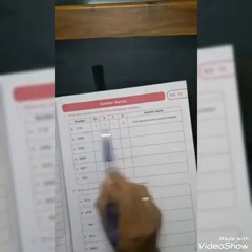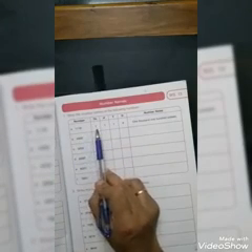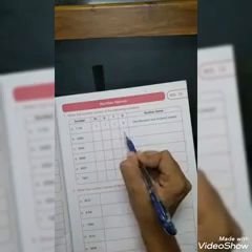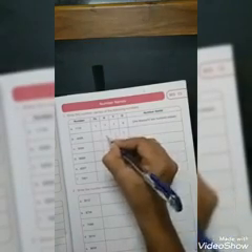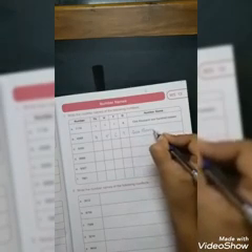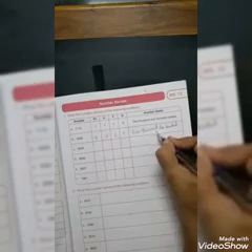1160. 6 is in the ones place, 1 is in the tens place, 1 is in the hundreds place, also 1 is in the thousands place. So 1116. Here 4569. 9, 6, 5, 4. Okay. So 4569.